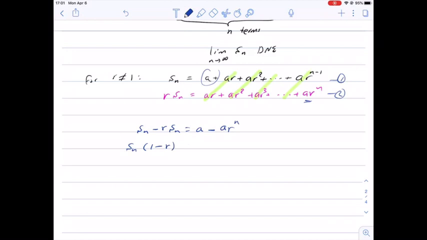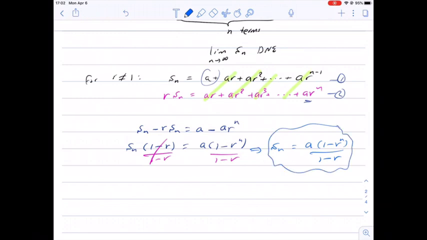Now let's take Sn as a common factor from the left hand side and a from the right hand side, and then divide by 1 minus r both sides. So we obtain Sn equals a times 1 minus r to the nth over 1 minus r.